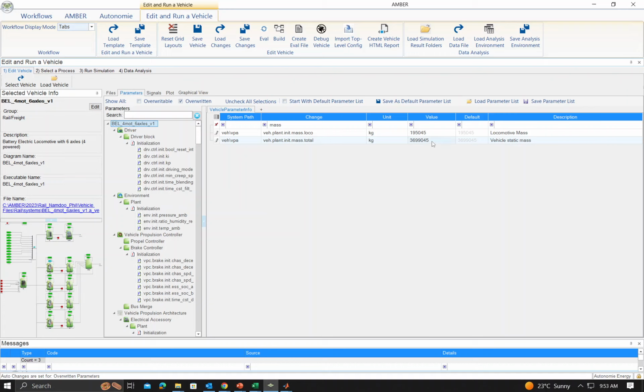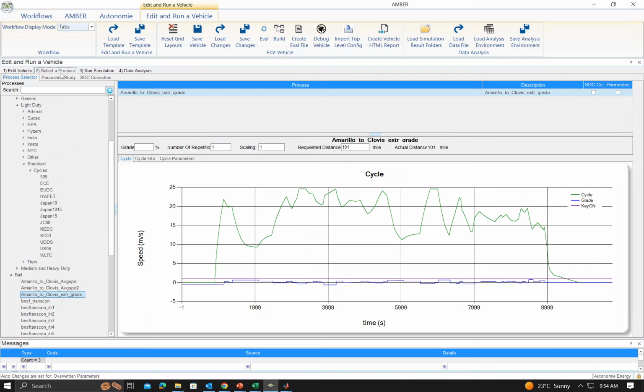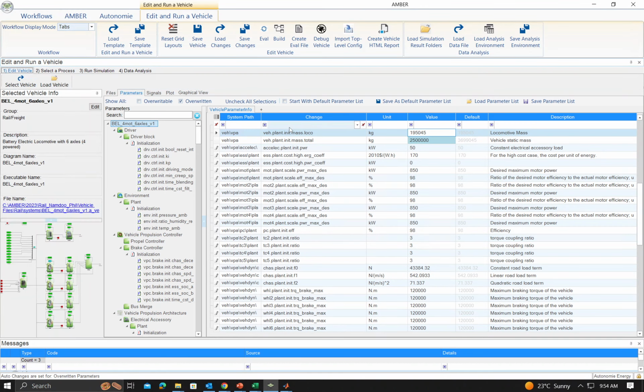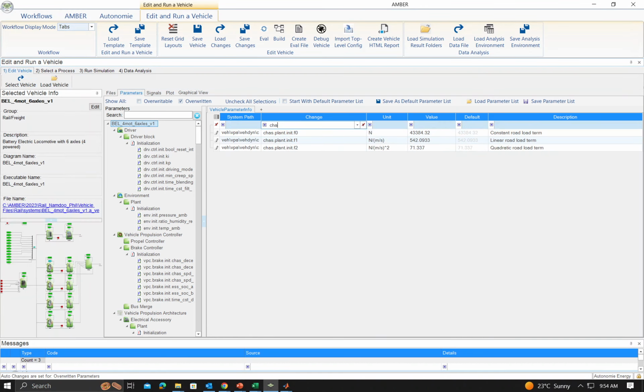So maybe I will put it to 2,500 ton. For doing it correctly, we need to change the Davis equation coefficients as well, like F0, F1 and F2, because now we are letting go some of the cars, so obviously the resistance coefficients will also change.